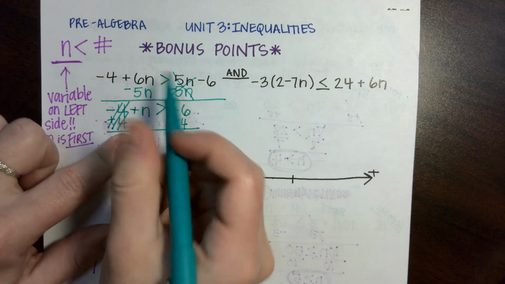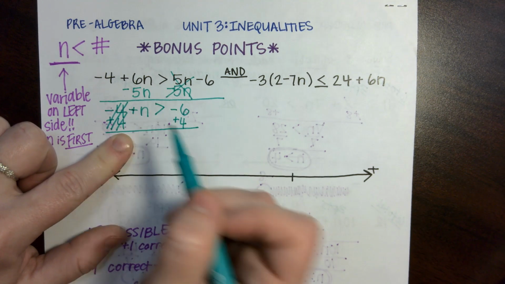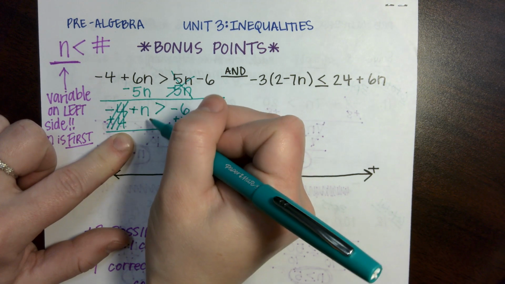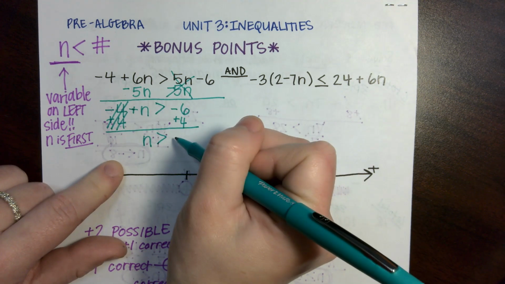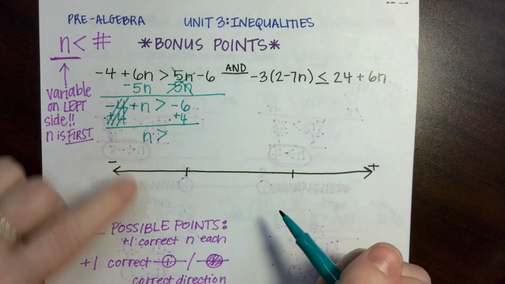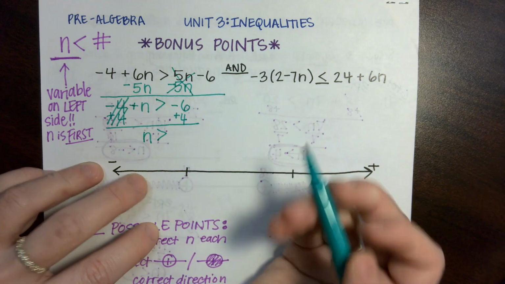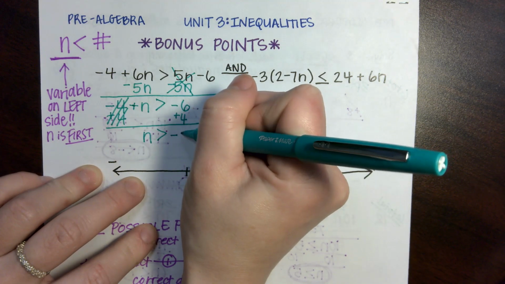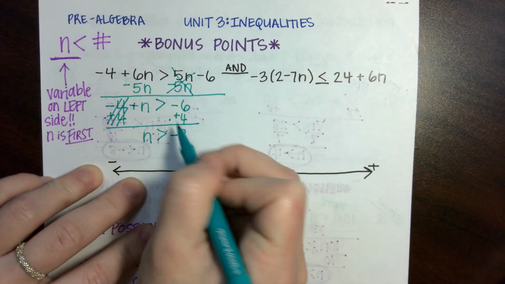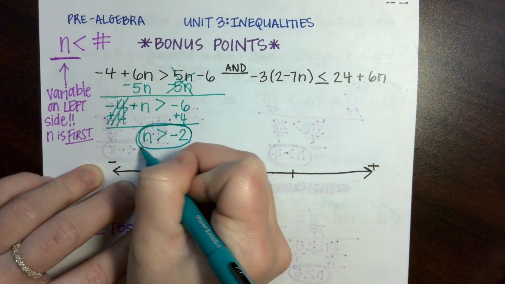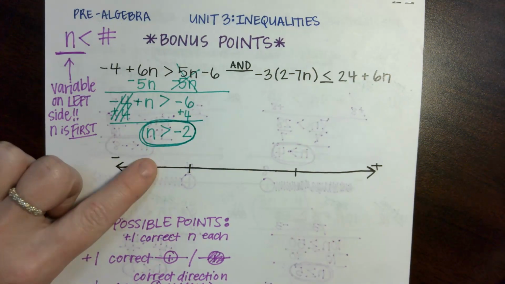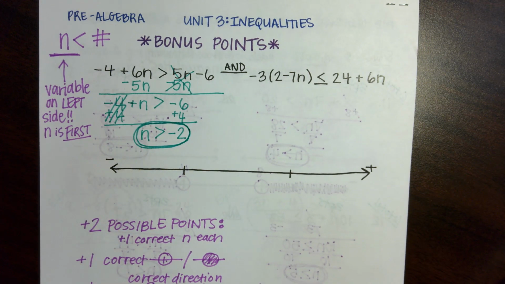And this is where having no 1 next to the n is helpful, because then I can just bring down and I have n is greater than my number. I don't have to get rid of the 1. So what is -6 plus 4? -2. Be careful with your negatives. -2. Good, good, good. Okay, so I have solved this side of the compound inequality.